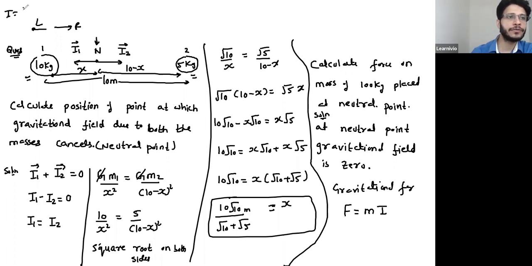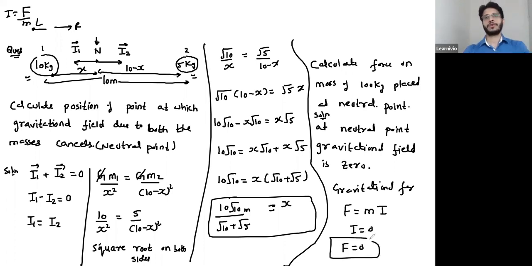Since gravitational field is force by mass, your force is mass into I. So if your I is zero, your force comes out to be zero. At the neutral point, there is no field, that means no force. If at some point gravitational field is zero, that simply means that gravitational force is also zero.